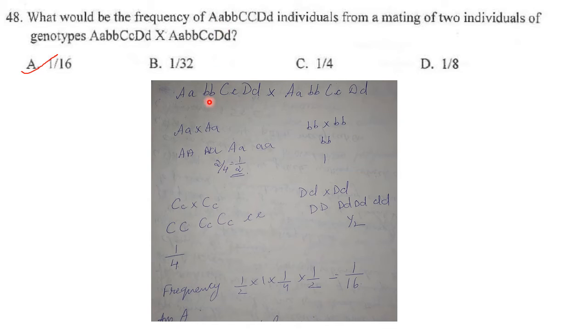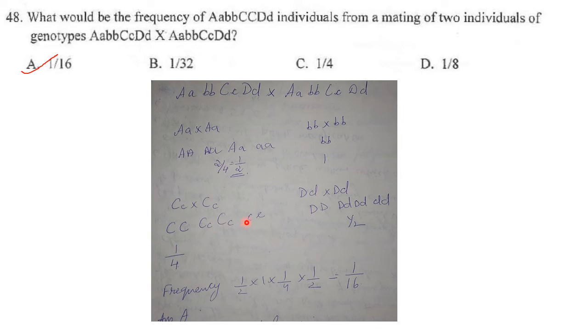Now if you cross small b with small b, the chance of getting small b in the final genotype is 1. Now if you cross small c capital C with small c capital C, the frequency of obtaining capital C is only 1/4.